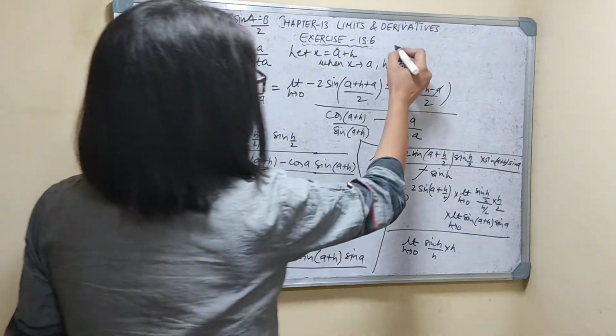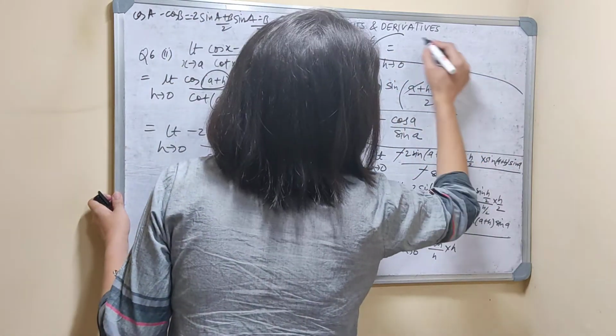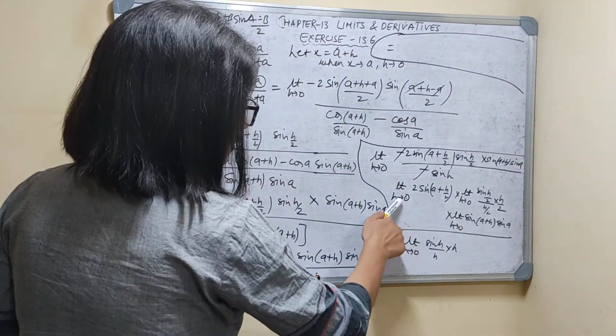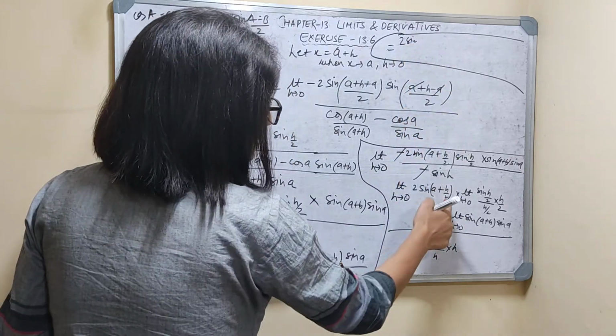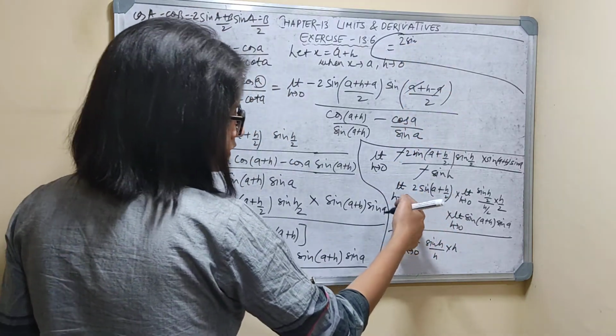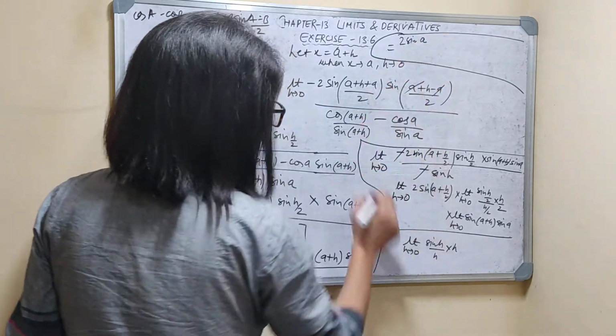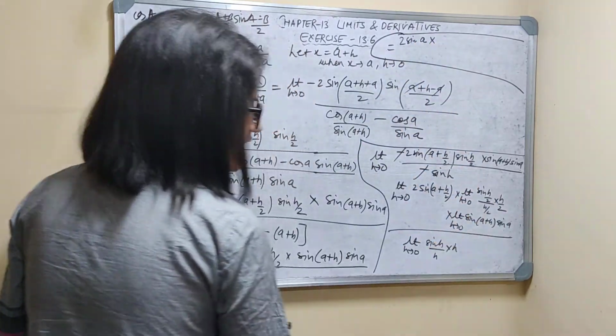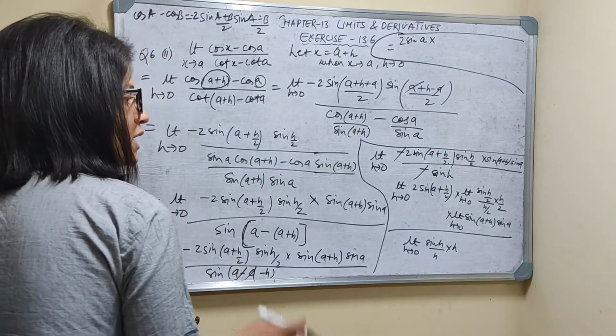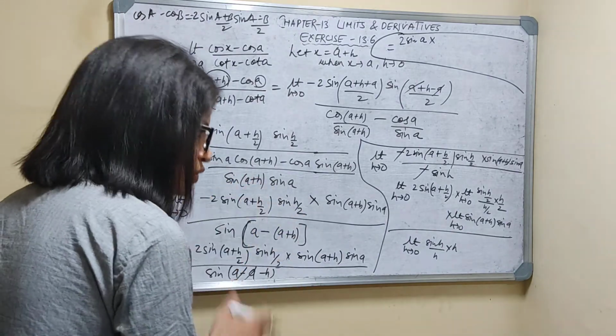I will write here. Now you can see 2 sine, I am putting limits, 2 sine a plus h by 2. So a plus 0 by 2, that is a only, 2 sine a into limit h tends to 0, sine h by 2 upon h by 2. That is what? H tends to 0 means h by 2 also tends to 0.